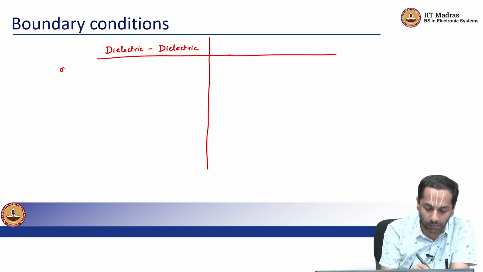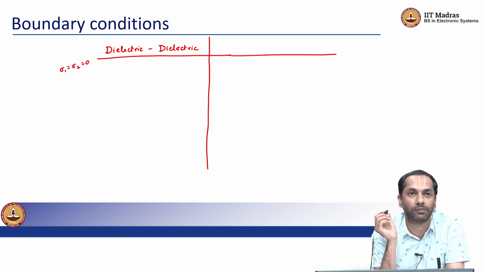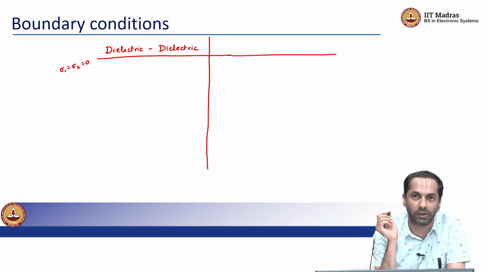So, in this case sigma 1 and sigma 2 are 0. So, if I have a perfect dielectric on either side of the interface, but their epsilons and mu values are different, we can say that rho s and Js are 0 in these.